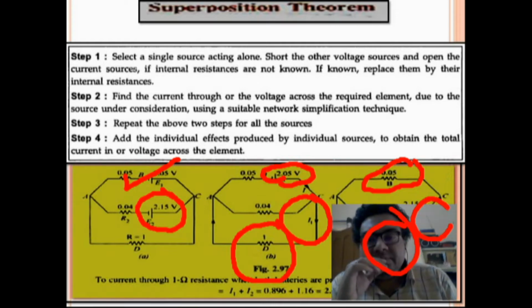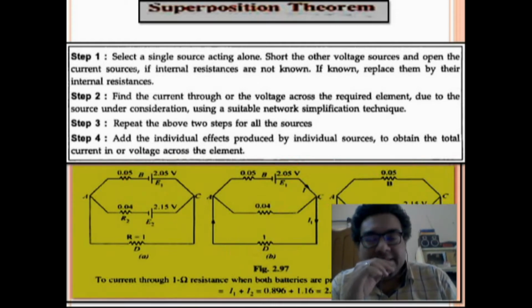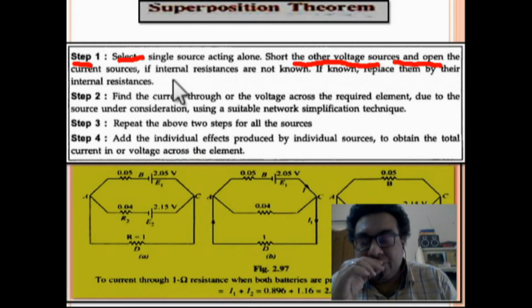Okay, so guys, first of all you can check what are the different steps of solving superposition theorem. So you can see over here step number 1, select a single source acting alone, short the other voltage sources and open the current sources.